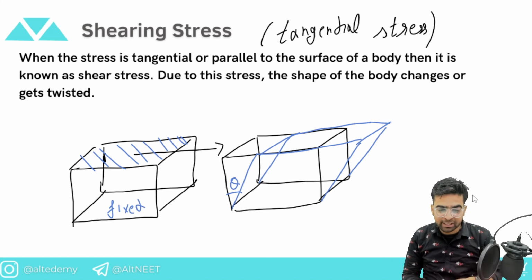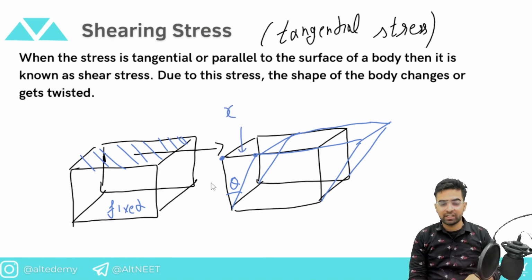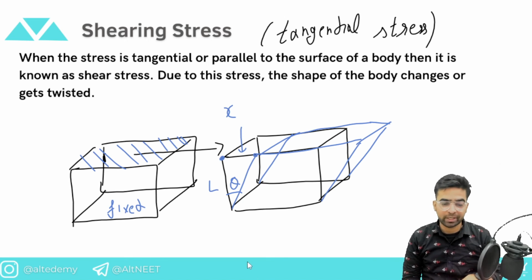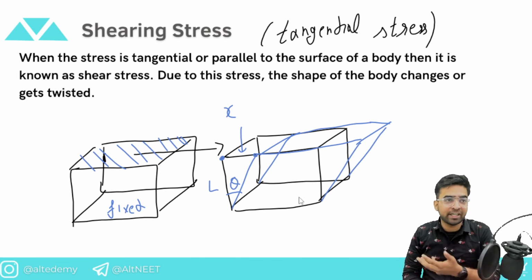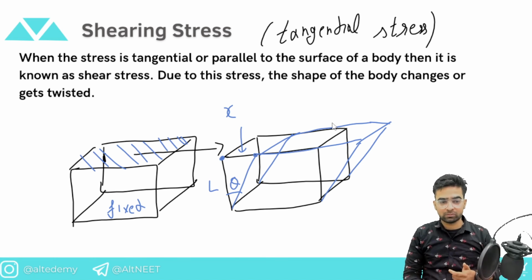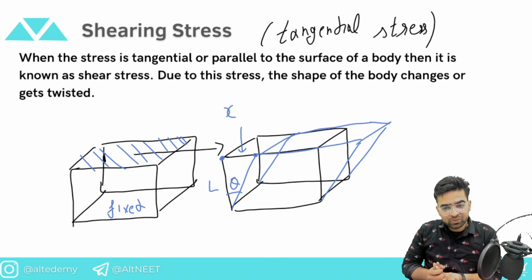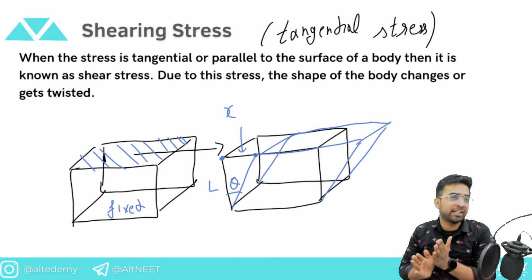So it will displace this distance by, you can say, a length x. This length is L. So it is acting on this surface. This is called the shearing stress. Due to this, the shape of the body changes or gets twisted.